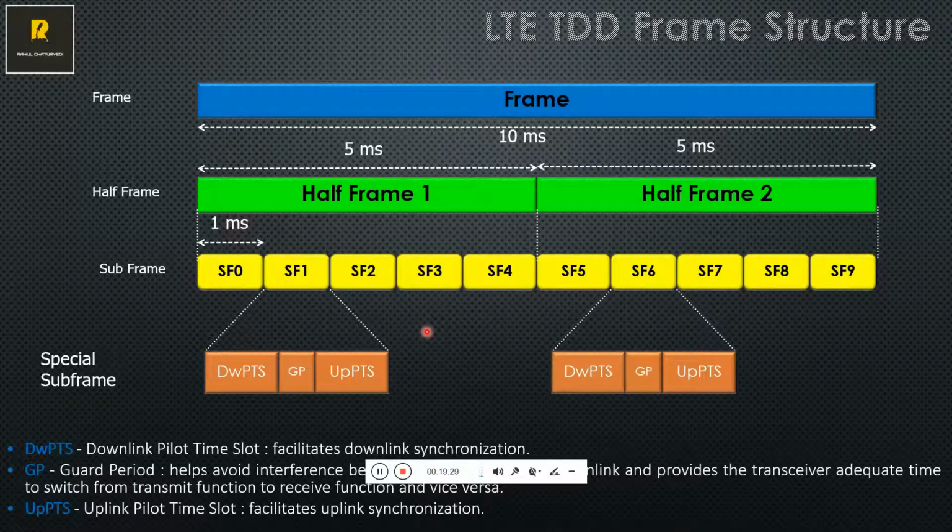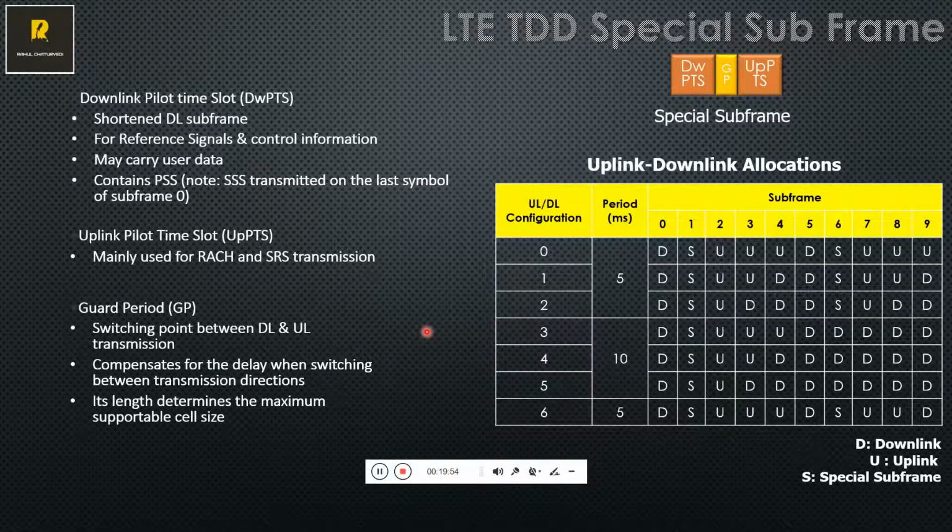DwPTS facilitates downlink synchronization, and the guard period is to avoid interference between uplink and downlink, and provides the transceiver adequate time to switch from transmit function to receive function and vice versa. The uplink pilot time slot facilitates uplink synchronization.